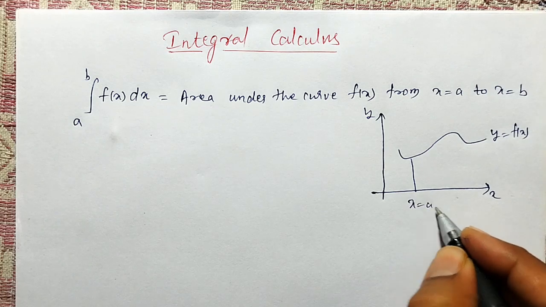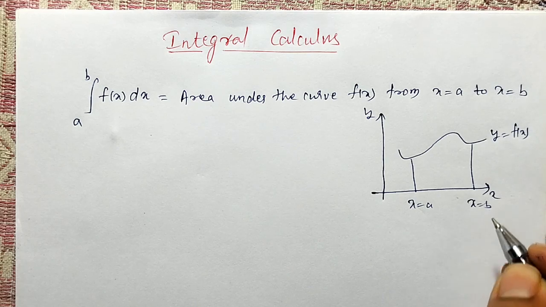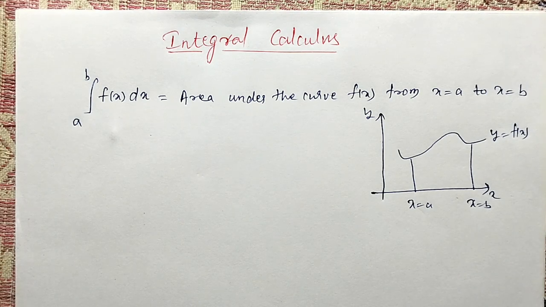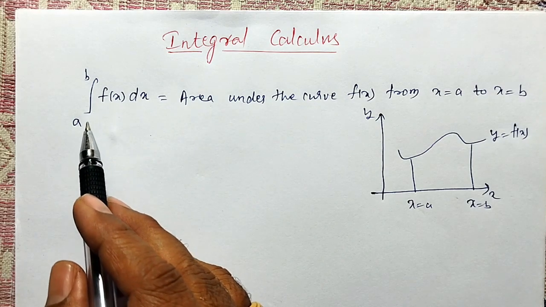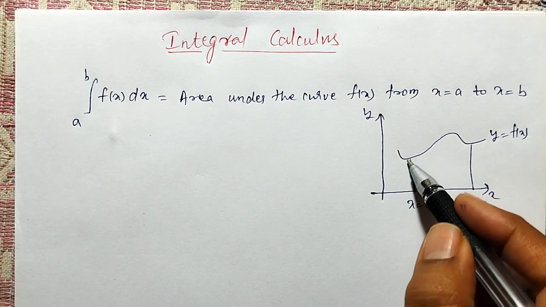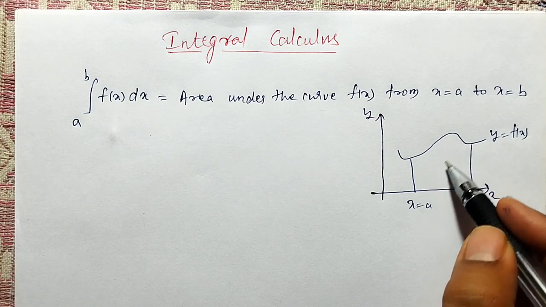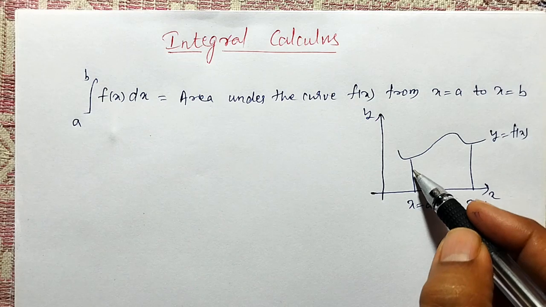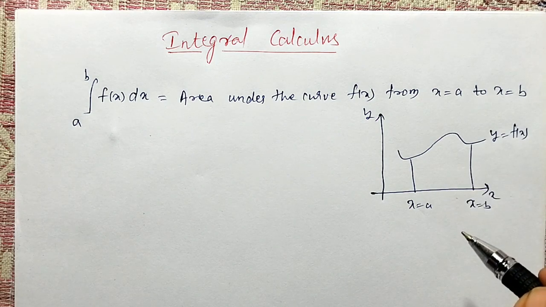This is my x equal to a and this is my x equal to b. Okay. Now this integration is representing the area under this curve, from x equal to a to x equal to b and above the x-axis.